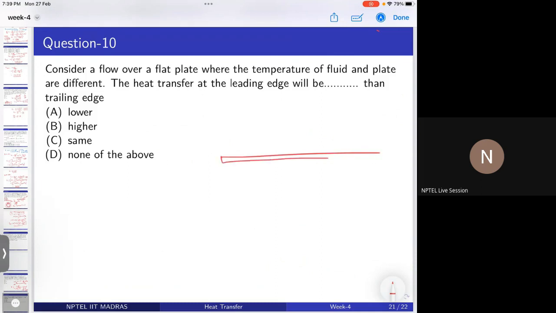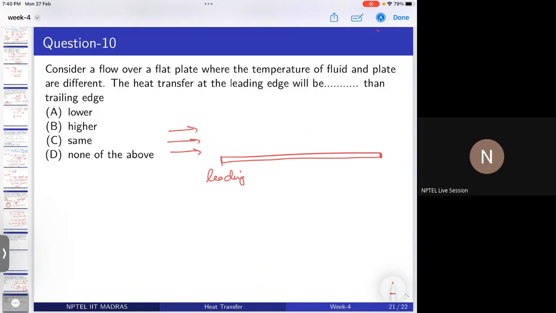Which is the leading edge, the left side one or the right side one? The left side we take as the leading edge, but otherwise the direction of the flow will decide which is the leading edge.